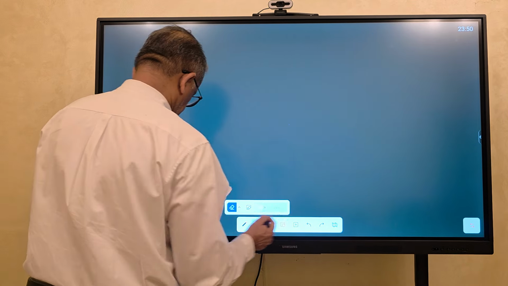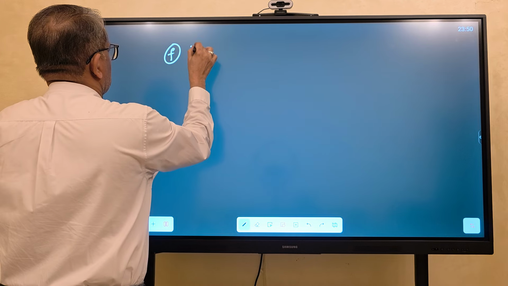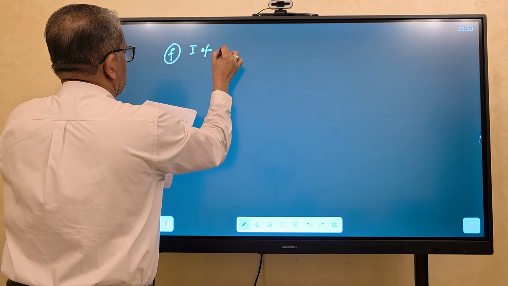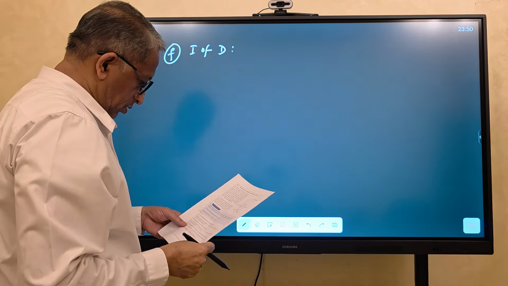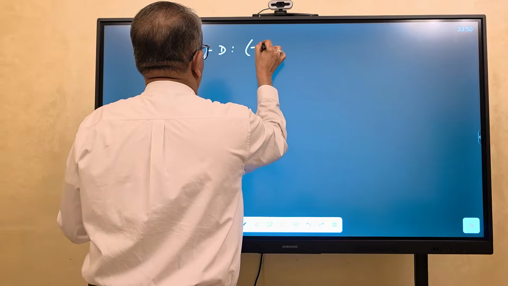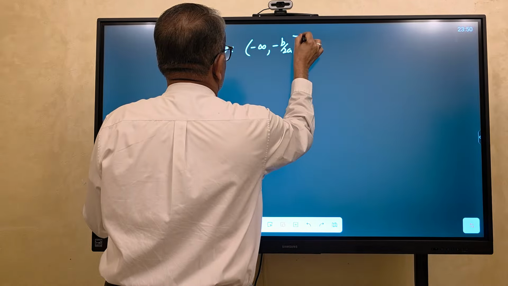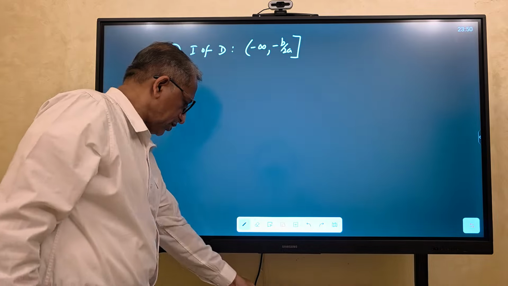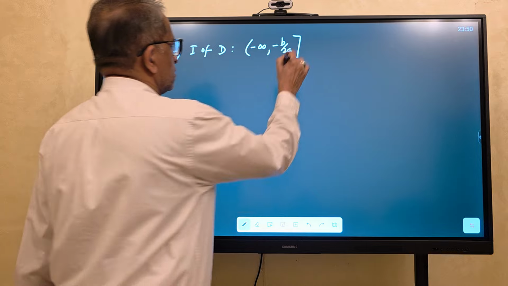Next, F. Interval of decreasing. The interval of decreasing formula is minus infinity, minus b by 2a, close bracket. This is the formula to be used. When to use?